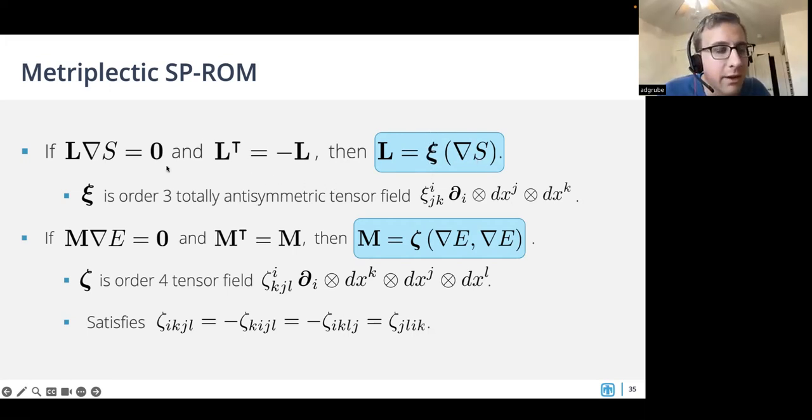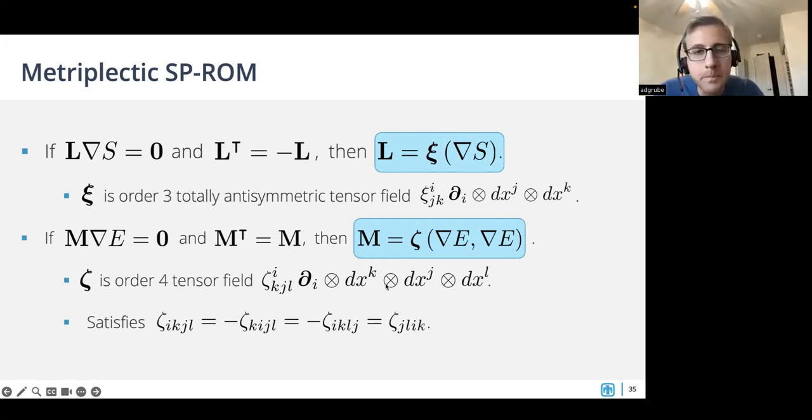I encourage you to think about that yourself if you don't see it immediately. It's a fun little calculation, but a way to check that this works is that this guy's totally antisymmetric. So if I apply grad S again, then I necessarily get 0, because I have something totally antisymmetric acting on two copies of itself.